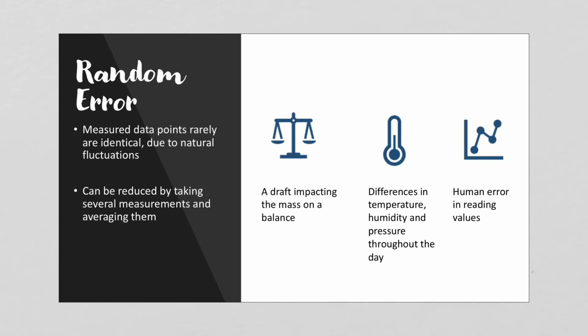Also, when we're doing an experiment, we can't do it instantaneously, so there may be differences in temperature, humidity, and pressure throughout the day, and that could have an impact on your volume of a gas, for instance. And then finally, human error in reading values. We just may make an error.